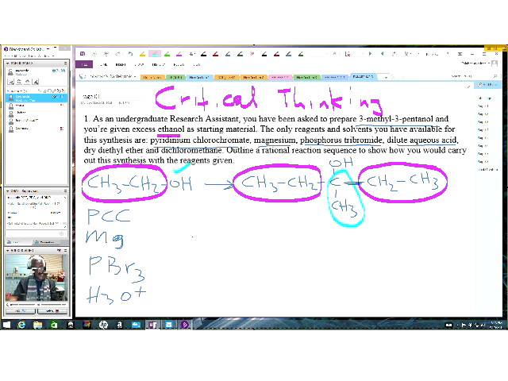They've also told us we can only use the following reagents: PCC, magnesium, phosphorus tribromide, and this here. So now let us go about how we do this.